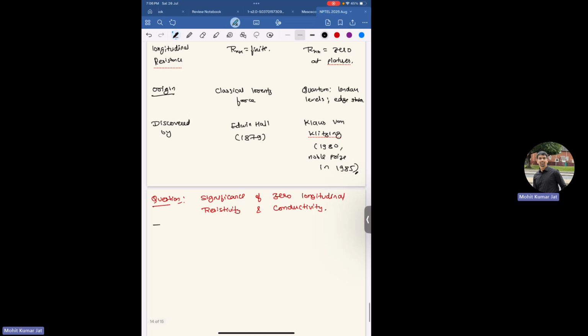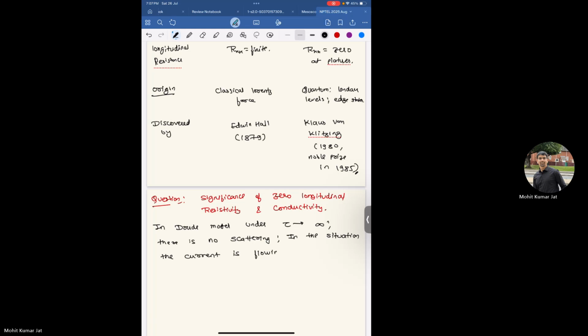In the Drude model, with tau, the scattering time, going to infinity, where there is no scattering, the current is flowing perpendicular to the applied electric field.